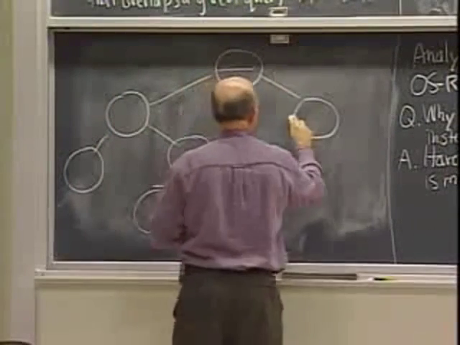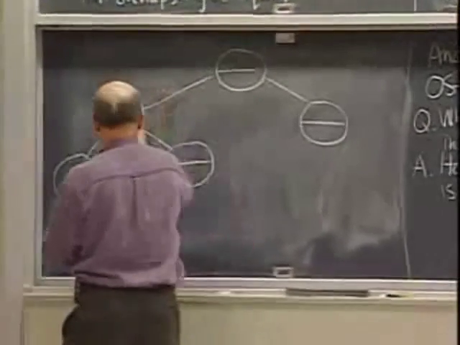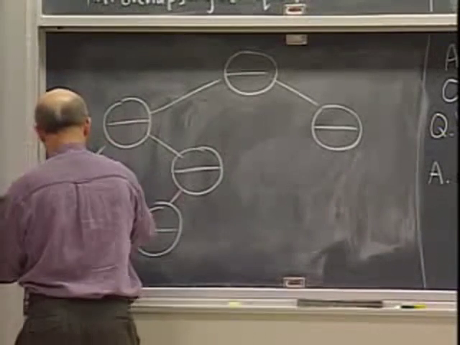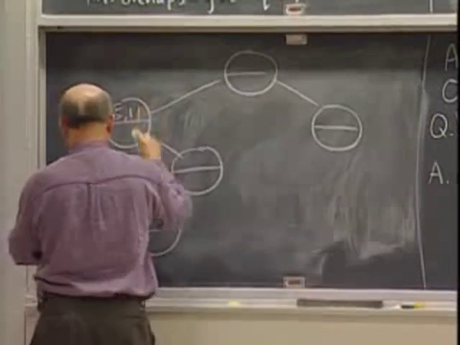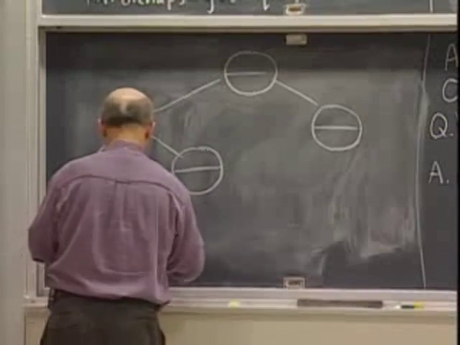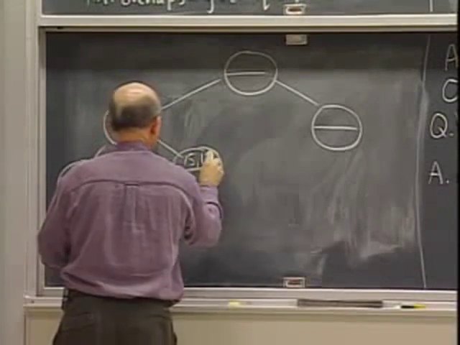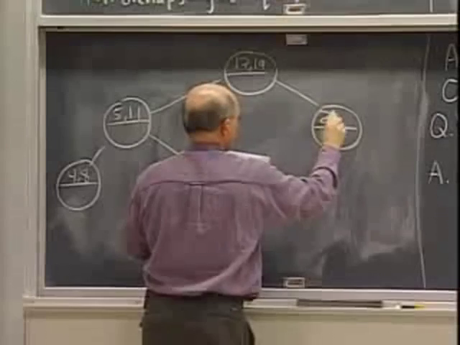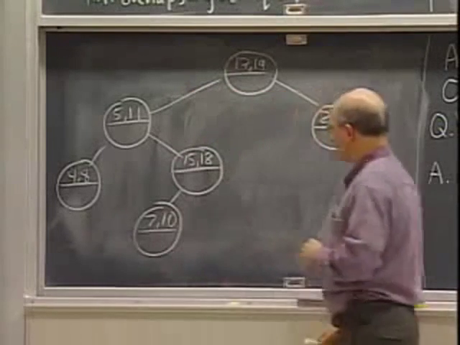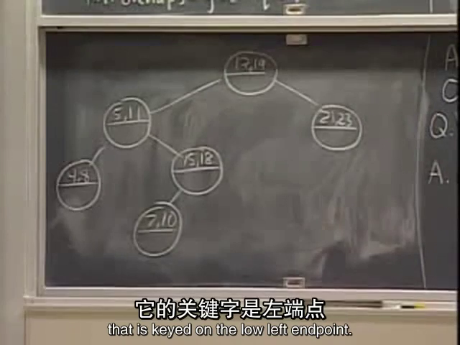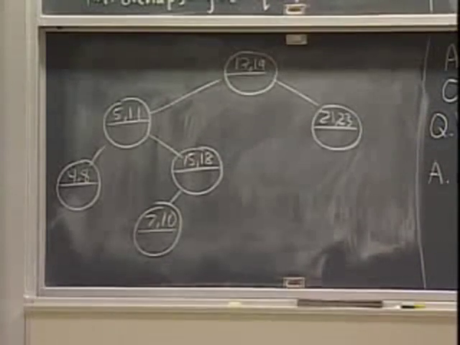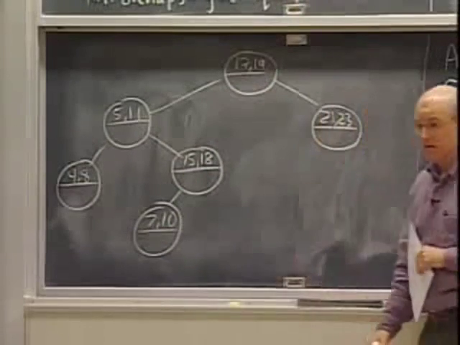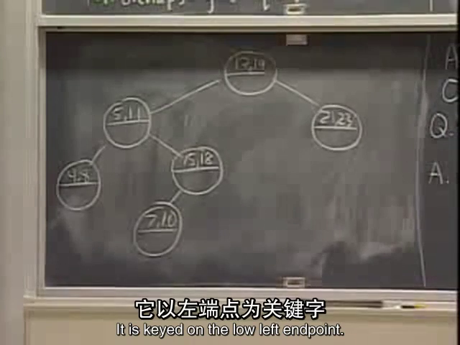Once again, I'm not drawing the nils. I hope that that is a search tree that's keyed on the low left endpoint, right? So 4, 5, 7, 15, 17, 21. So it's keyed on the low left endpoint.